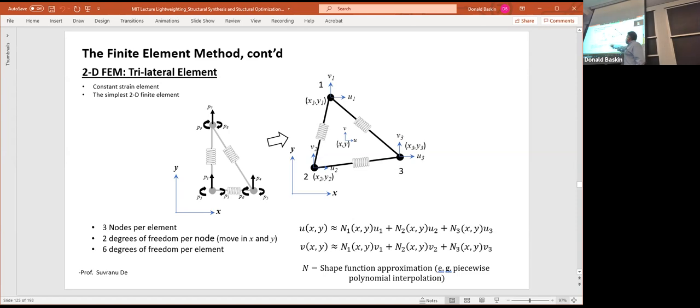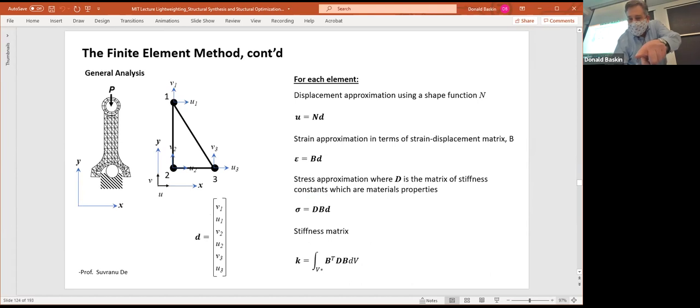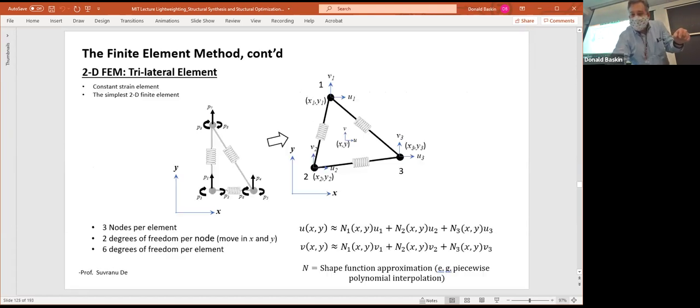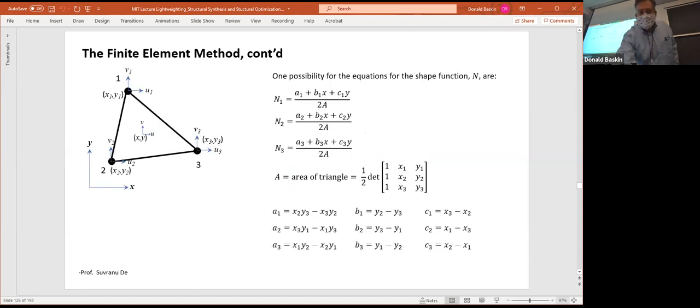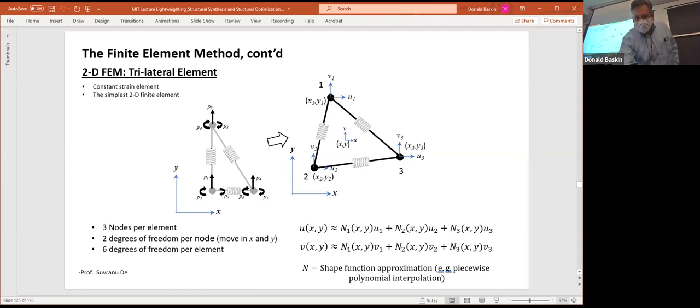You can write out the movement, or this u here, which we said before is this guy right here, which is how the elements move. You can write those out as a function of N and x and y. And again, N is this weird shape function. One thing you might see sometimes is called piecewise polynomial interpolation.